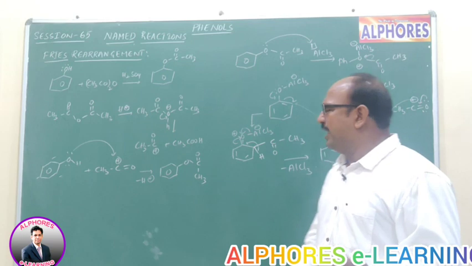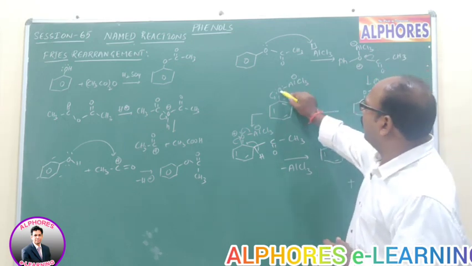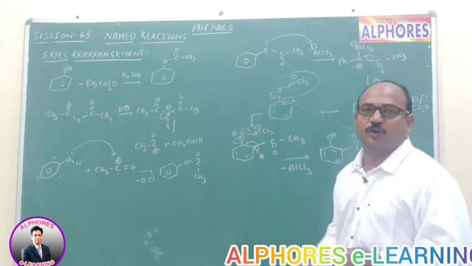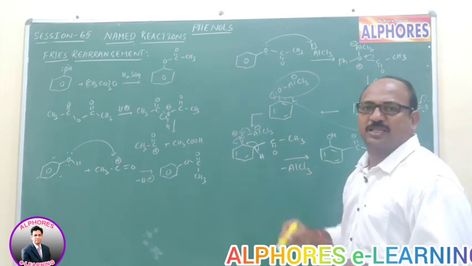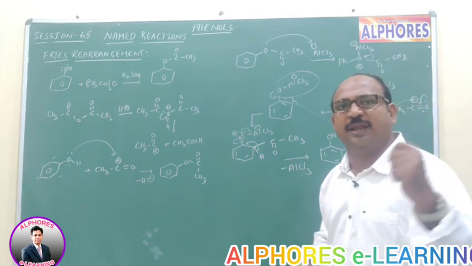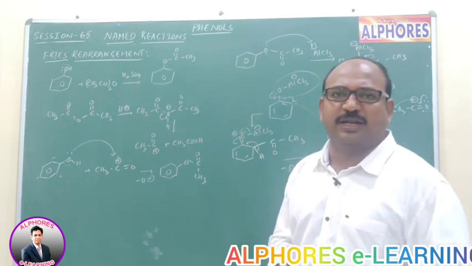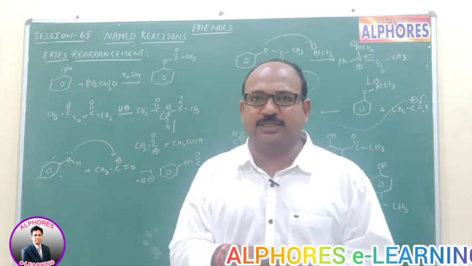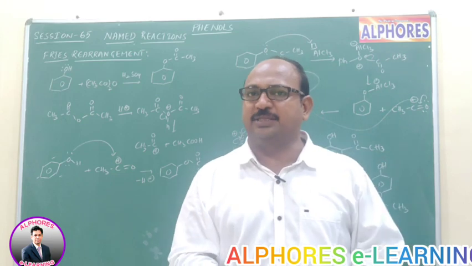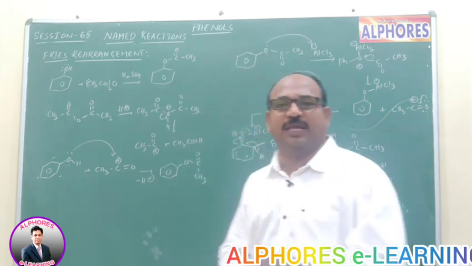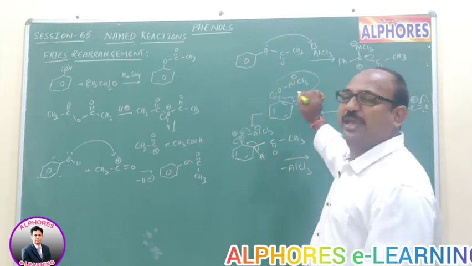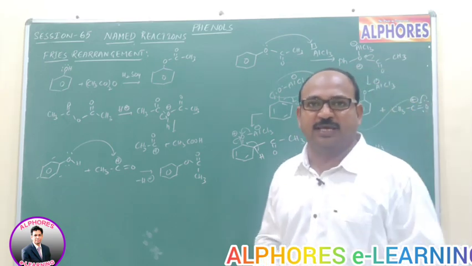Yes. If you observe here, O-AlCl3 minus is a bulky group. And if the acylium carbocation has to attack this position, it has to face some hindrance. In order to overcome that hindrance, it requires some energy. So when we provide heat energy, it can overcome that hindrance, and further it makes the ortho product major.